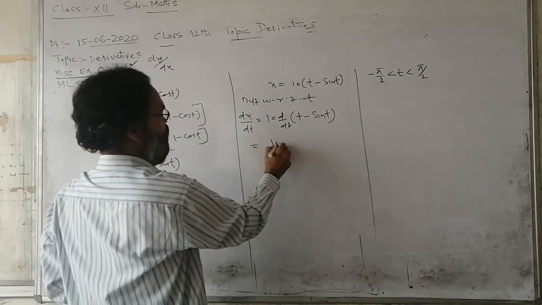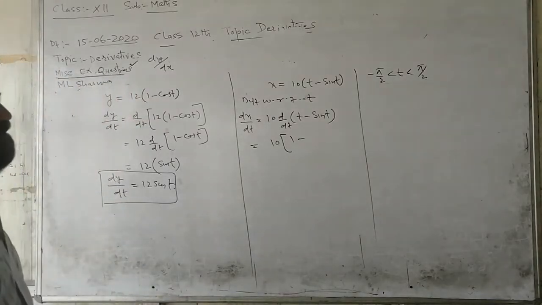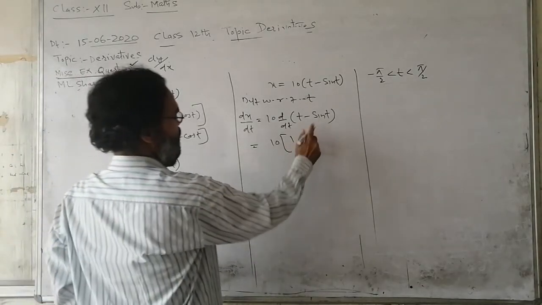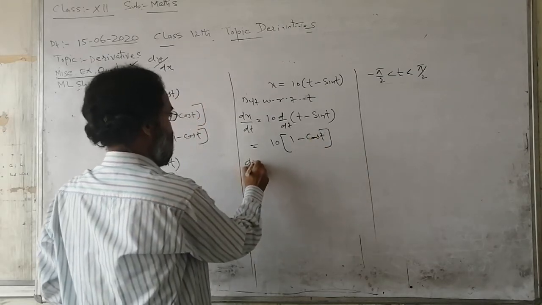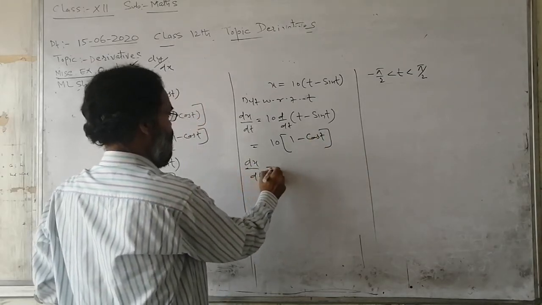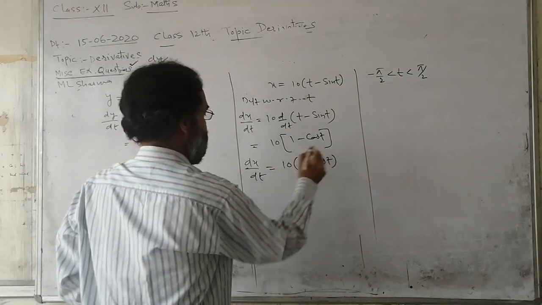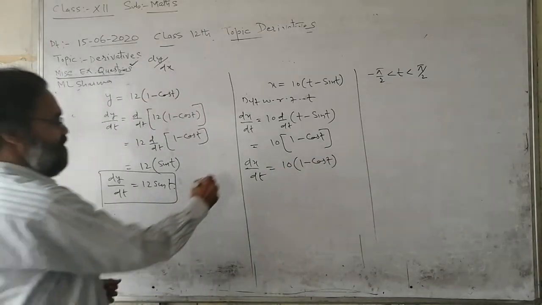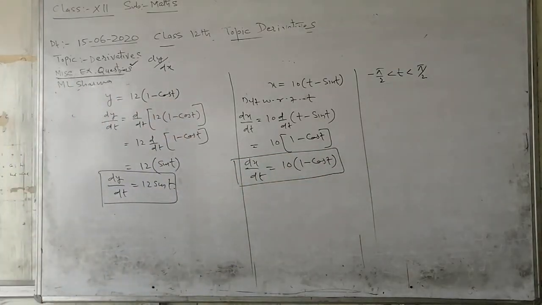So this will equal 10 times the derivative of t, which is 1, and the derivative of sin, which is cos t. So dx upon dt is 10 times 1 minus cos t. So both values I have found.